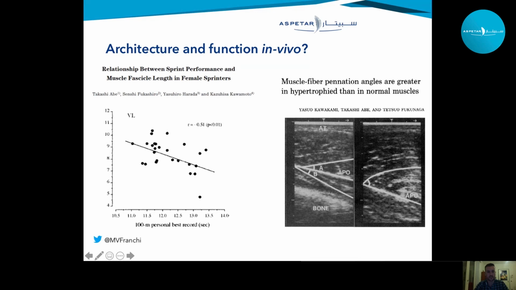And you can see also how pennation angle is different if we look at the pennation angle of bodybuilders. Apart from the curvature, look how big the pennation angle is with respect to normal muscle. So this tells you a little bit that performance is potentially related to skeletal muscle architecture.